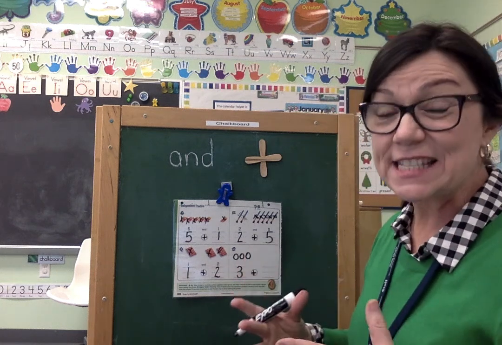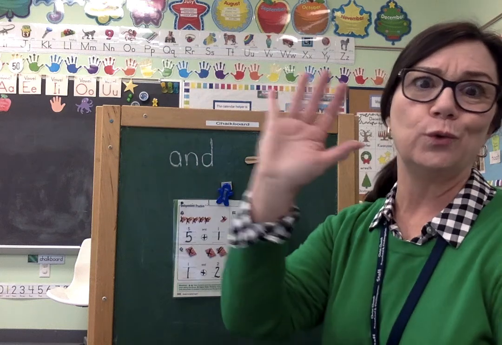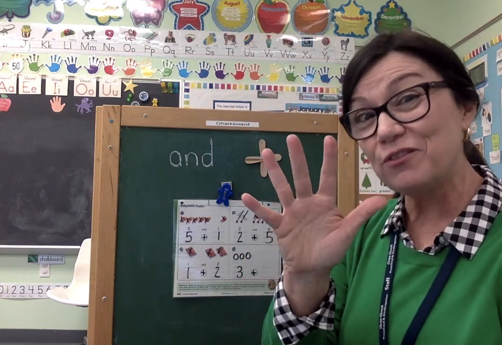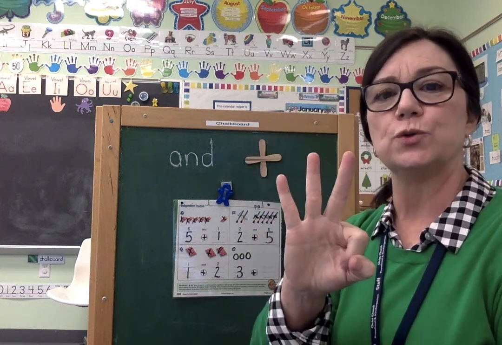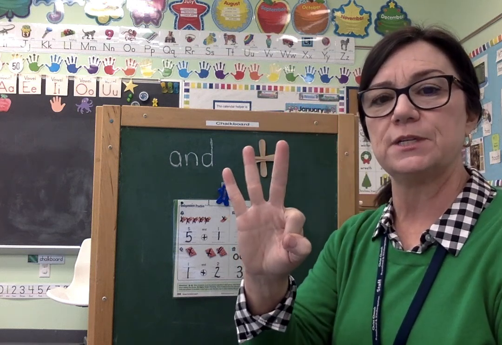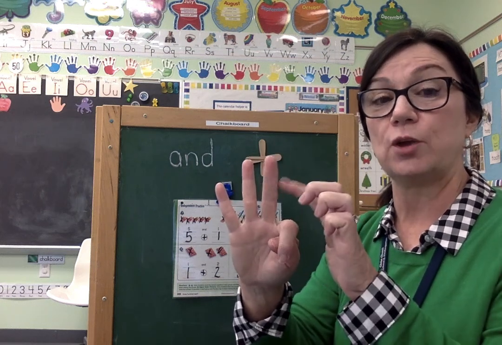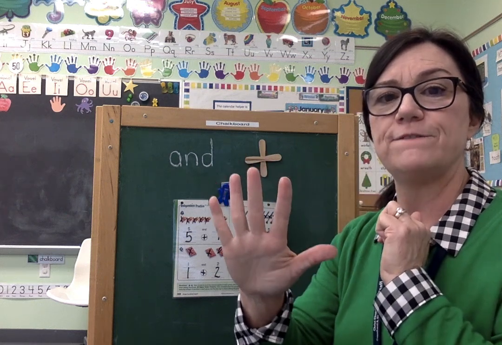So we need to add something to 3 to make 5. Well, you know what? You have this great tool right here. You know what this is? Your fingers. Do you know how many fingers you have on each hand? 5. So we've already got 3 counters. So let's see how many more fingers we need to put up to get to 5. So we're going to start counting with 3. 3, 4, 5.